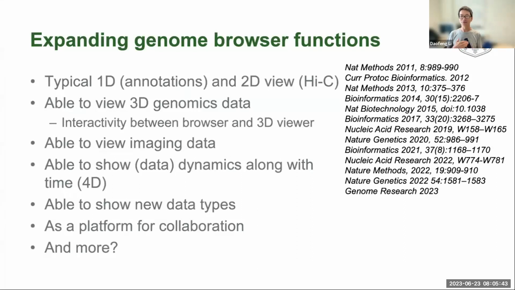You should also be able to view image data and show data dynamics with time, which is our 4D support. It can also function as a platform for new collaborations and new function development.